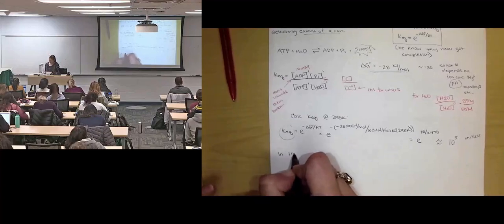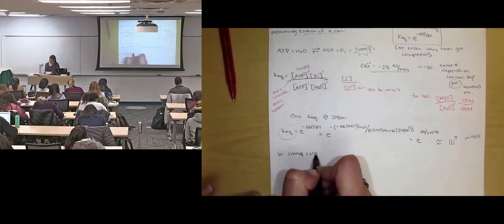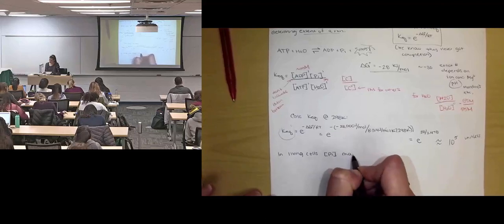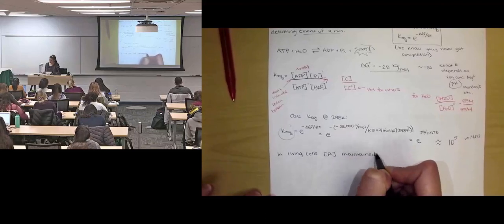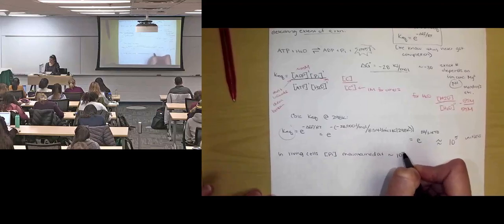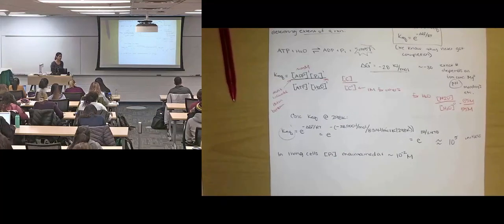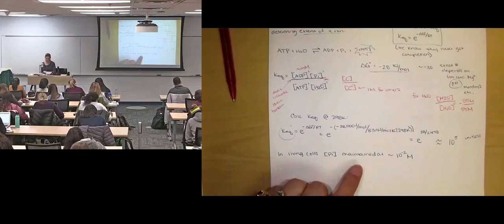So in living cells, the concentration of the phosphate ions is maintained at about 10 to the negative 2 molar. I'm telling you that this is true. How is it maintained?